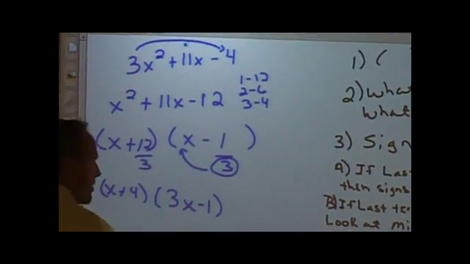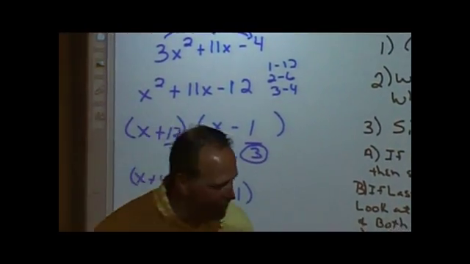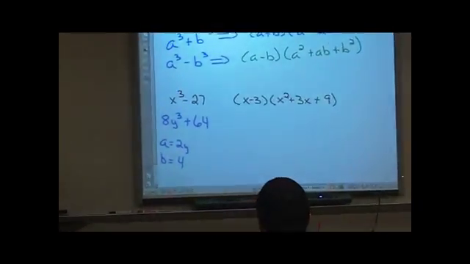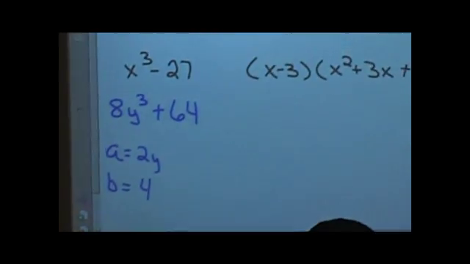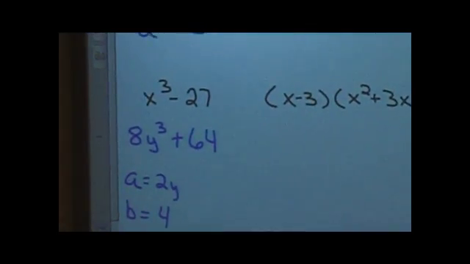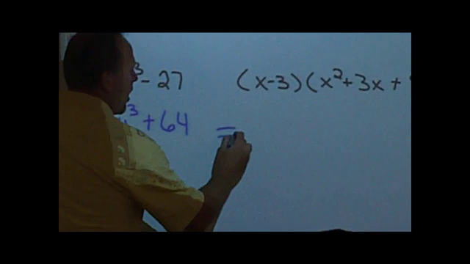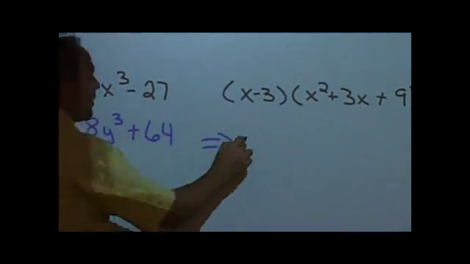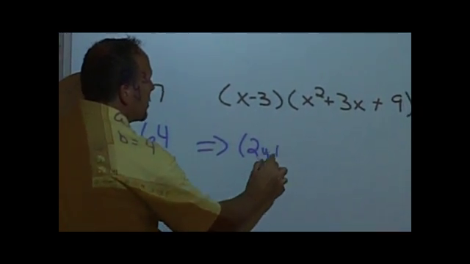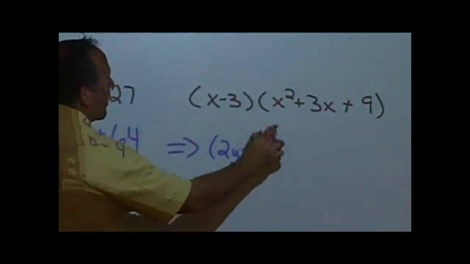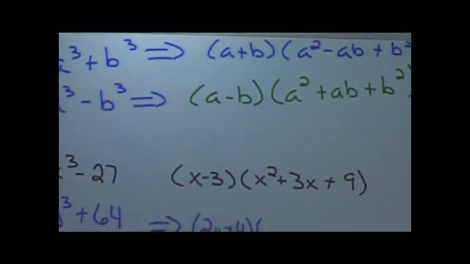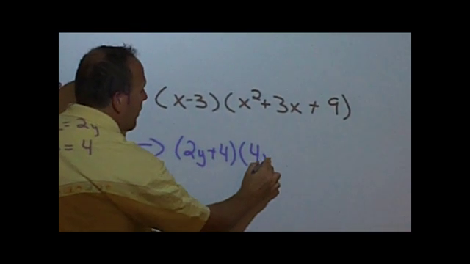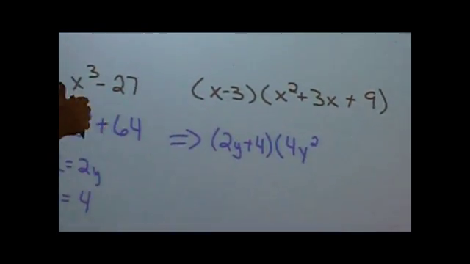Alright, we're going to do another one of these. It's 2y and 4. Again, all we're doing now is plugging it in. a plus b is going to look like 2y plus 4. a squared is going to be 4y squared, because you're taking 2y times 2y.